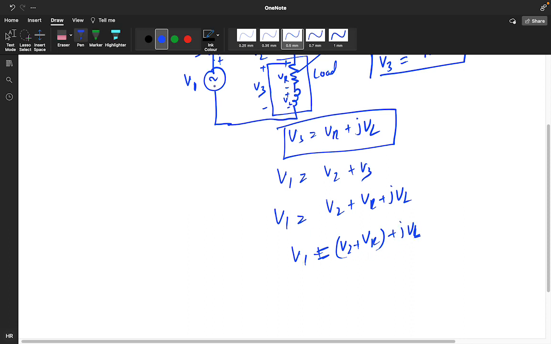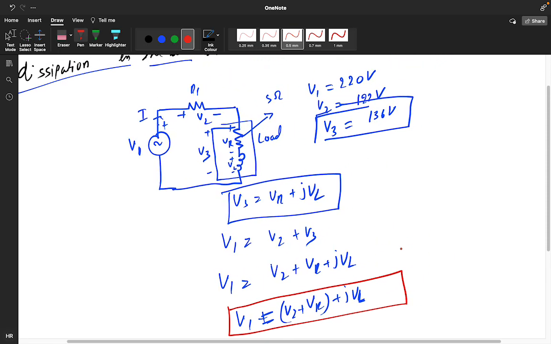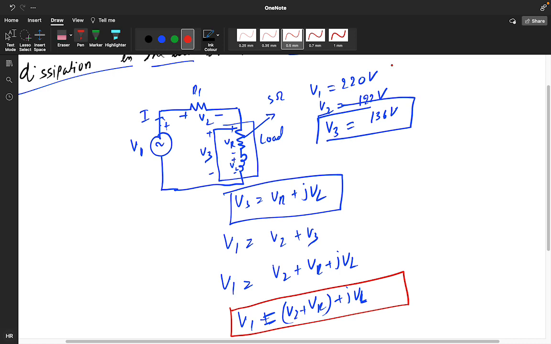Now see, the V1 value is given, the V2 value is 122 and the V3 value is 136.